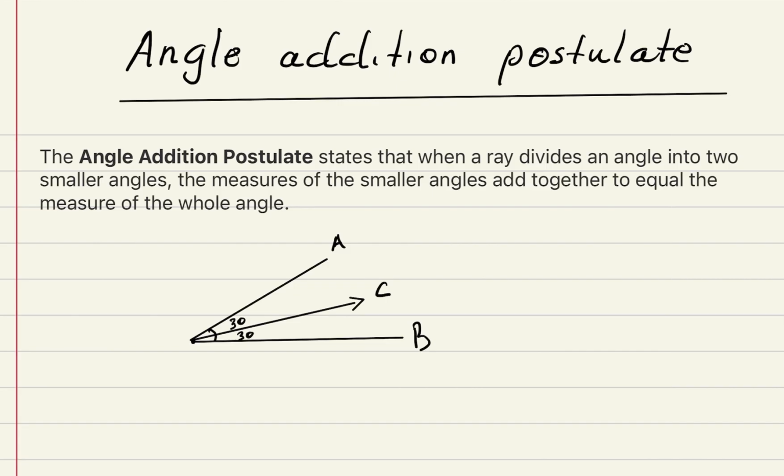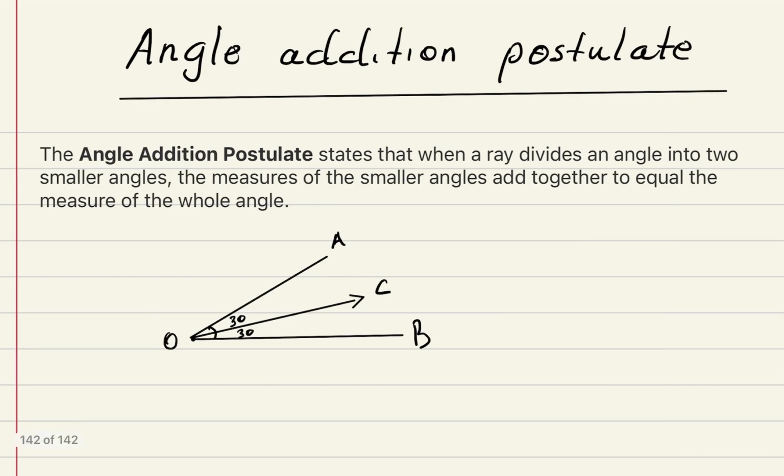So I have an example here. Let me actually just make this a bit clearer. So we have the big angle here, which is measure of angle AOC. So this angle would equal 60 degrees.